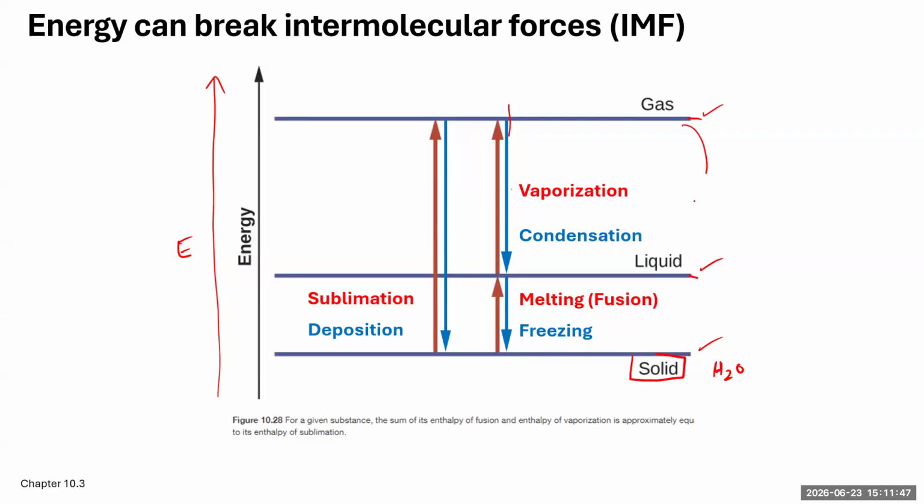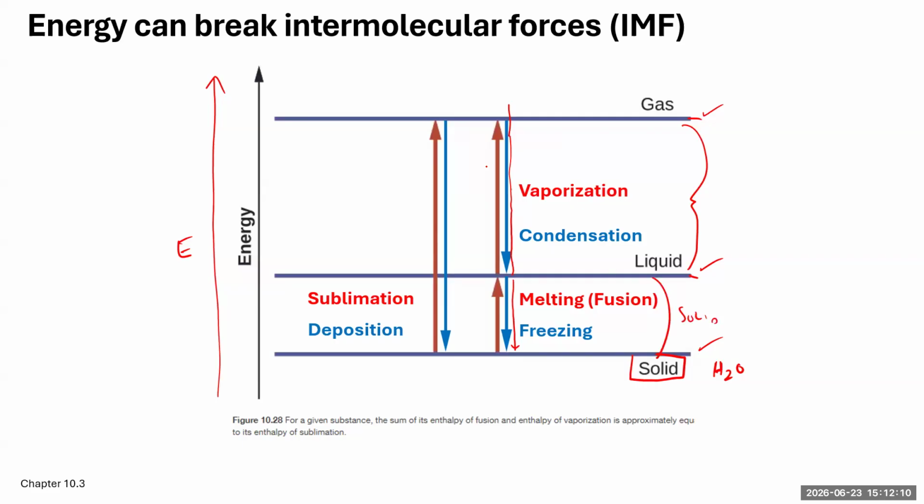This part here is liquid. It gets colder and colder and loses more and more energy. Then we hit a point where it's now solid, frozen. Sorry, solid's supposed to be up here. So solid's right here.